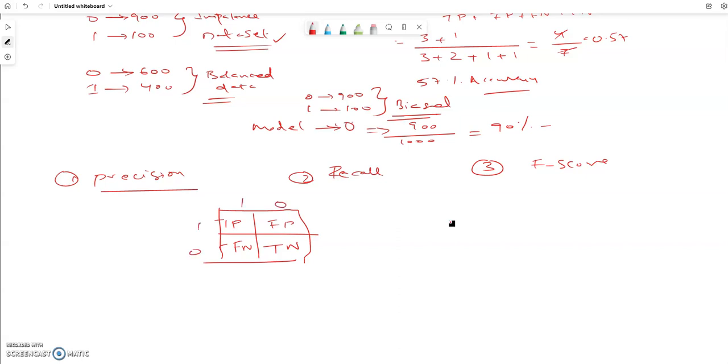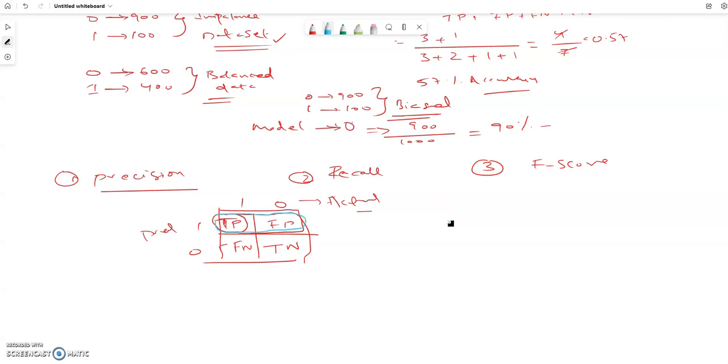So this is predicted, and this here is actual. Now in precision, our main focus is on the true positive and the false positive. In the precision we are going to concentrate on this.